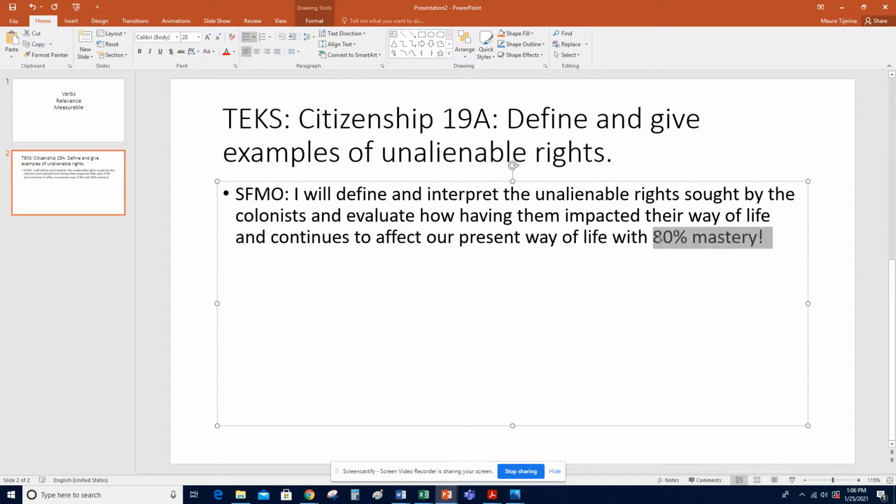So that's it. Here is one component, the measurable; the relevance, how that affects their present way of life; and the verbs. Again, guys, that's how you draft a student-friendly measurable objective.